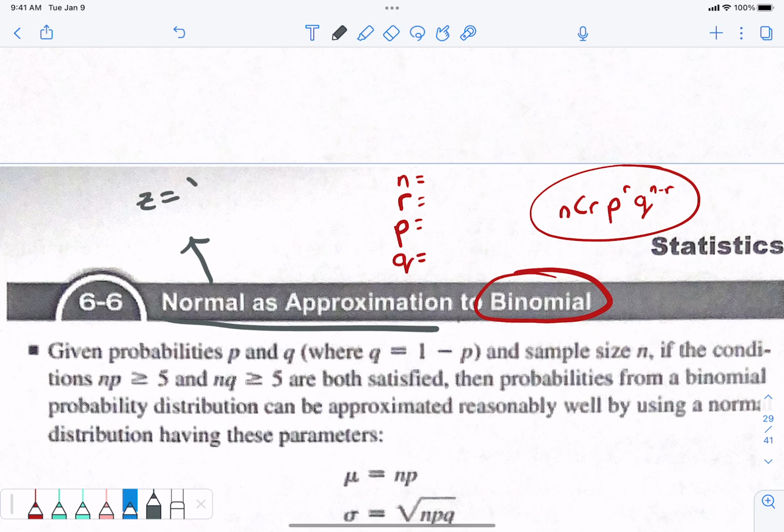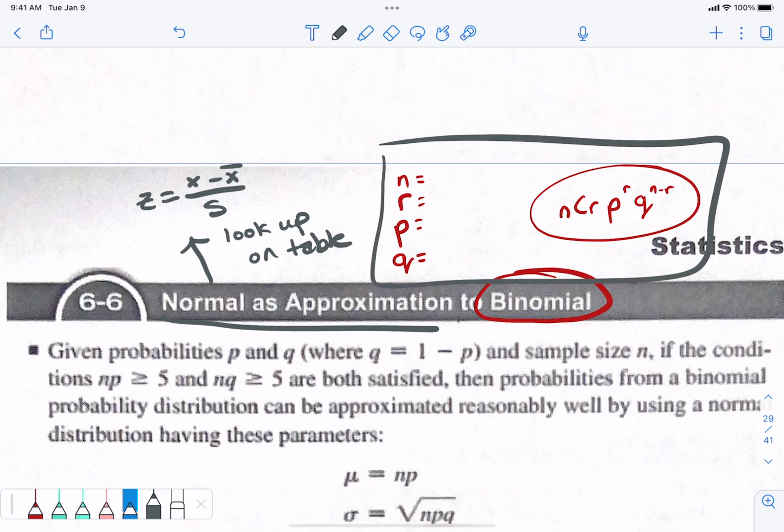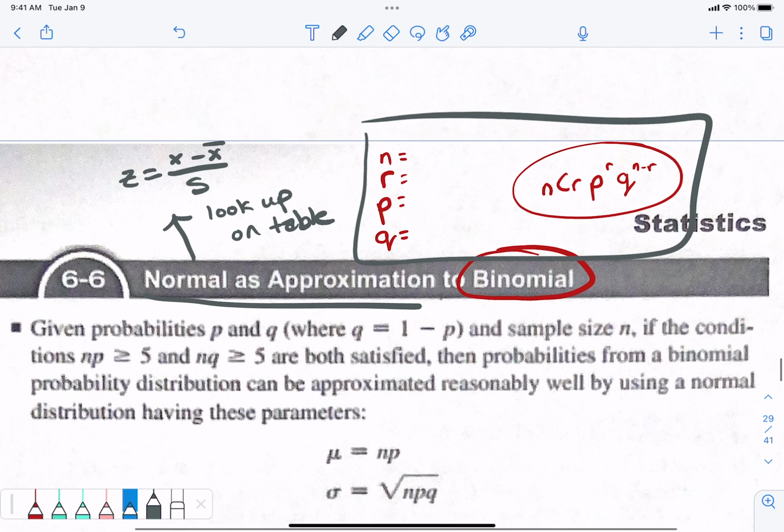Remember that the z-score is x minus x bar divided by the standard deviation. Then you look that value up on a table. We are doing this route rather than this route. So normal stuff that we would do in a binomial method, we are doing as a z-score method. That's the different stuff.